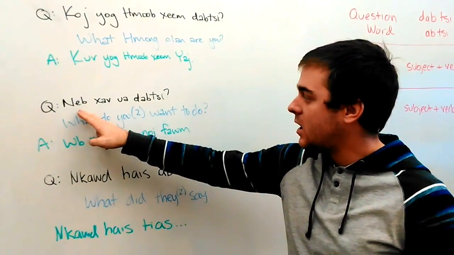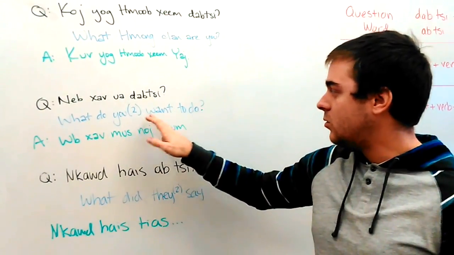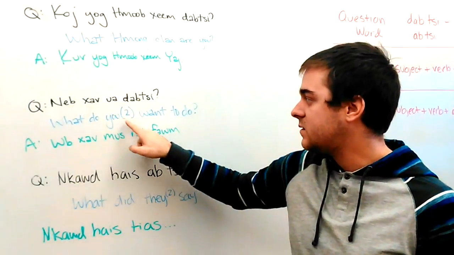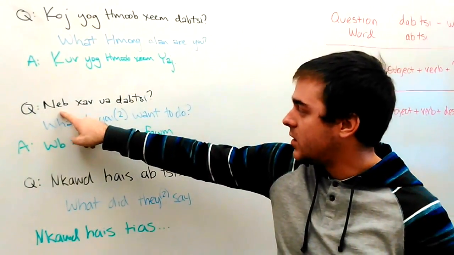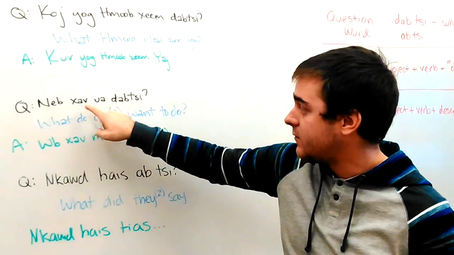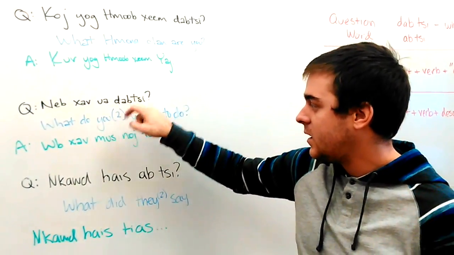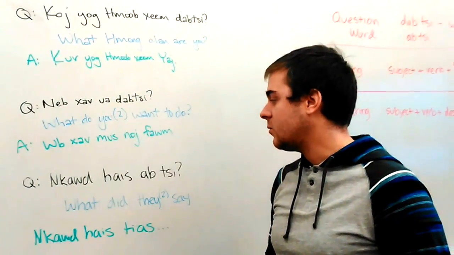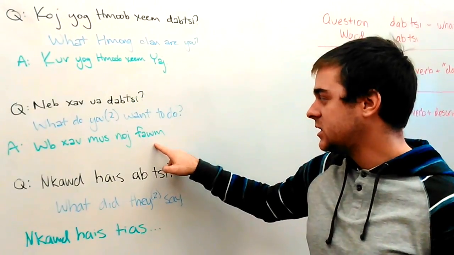The next example would be ne sa wadachi. What do you want to do, because ne means to want to do? We have the subject, then the verb phrase, and then dachi. To answer that, u sa mu no fo.